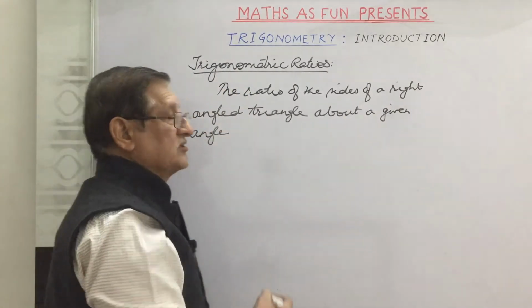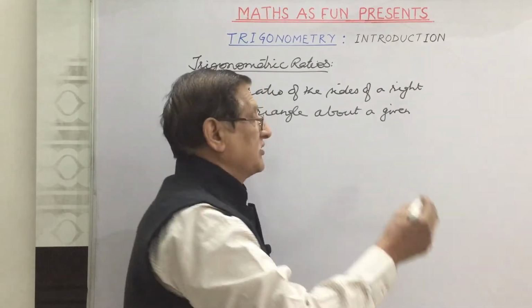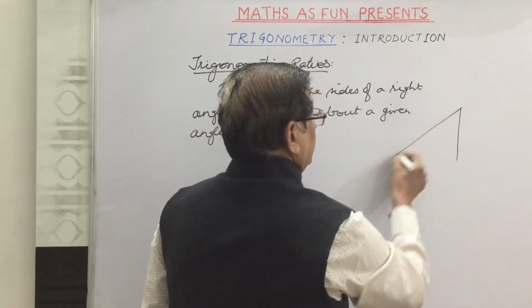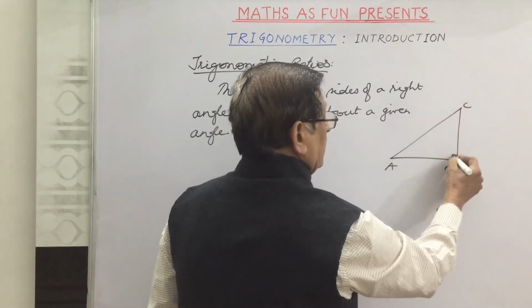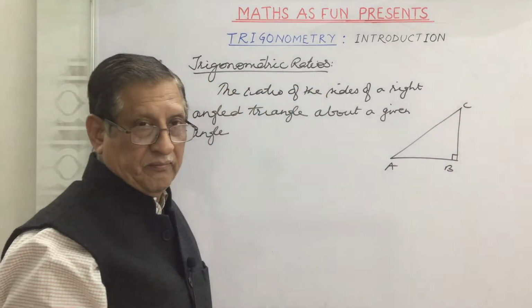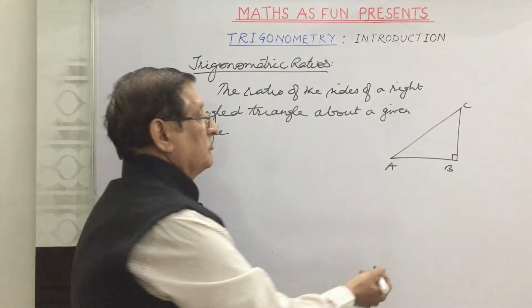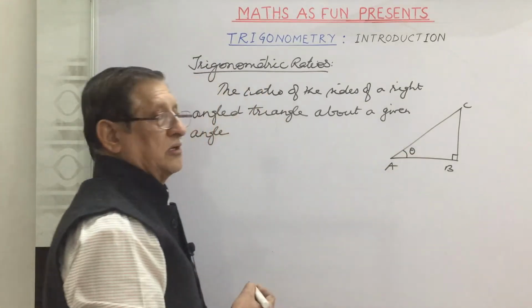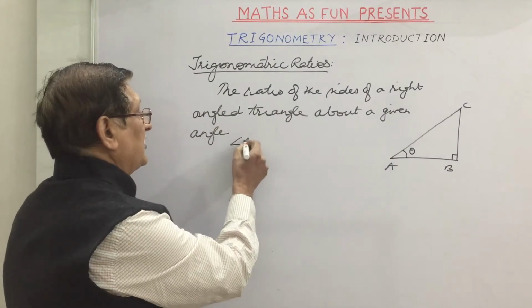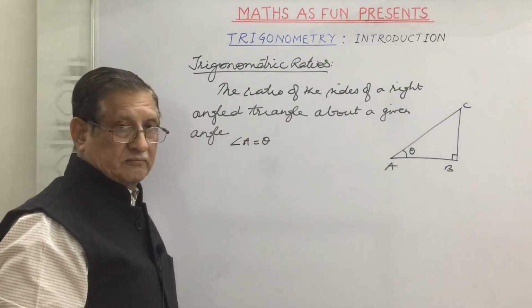What is the meaning of this given angle? Suppose we have a right angle triangle ABC here, in which angle B is 90 degrees, and we want to find the trigonometric ratios of this particular angle theta. Angle A we have named here as theta.